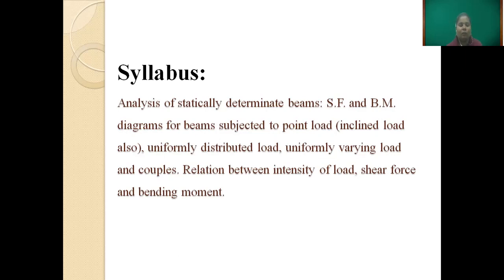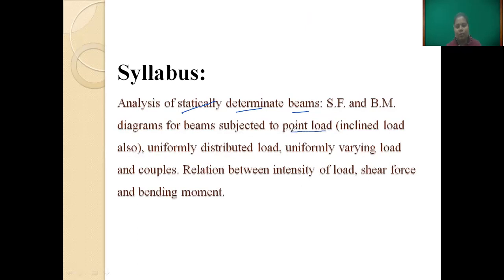In that, we have to learn how to draw the shear force diagram and bending moment diagram for statically determinate beams. In this unit, we will see only how to draw shear force and bending moment diagrams when various types of loads are applied.